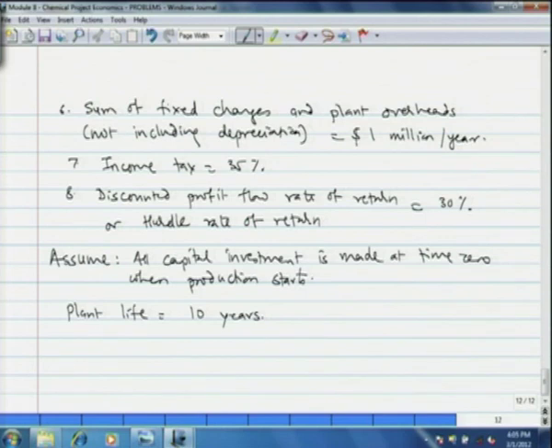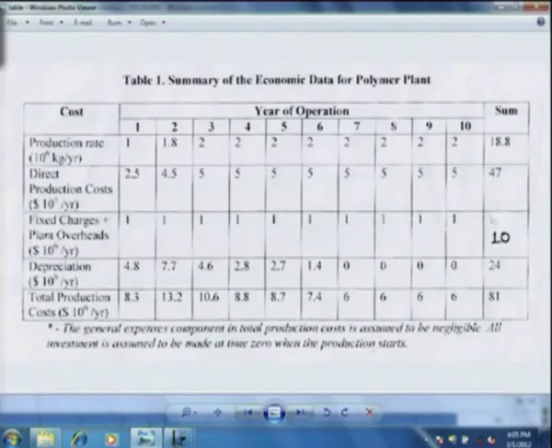Now we have the economic data on production in the form of a table that you see now on screen.